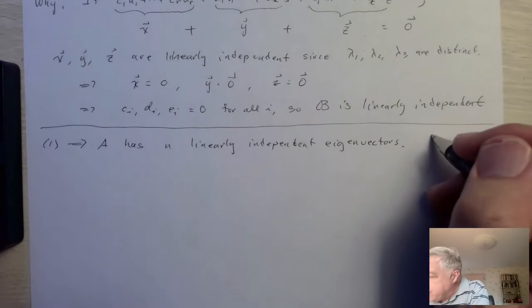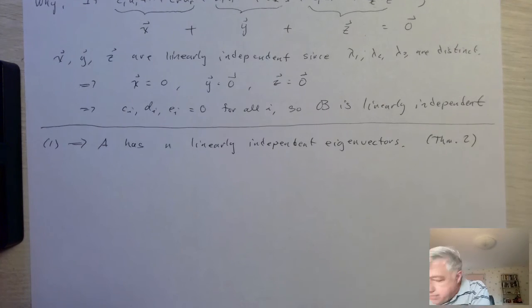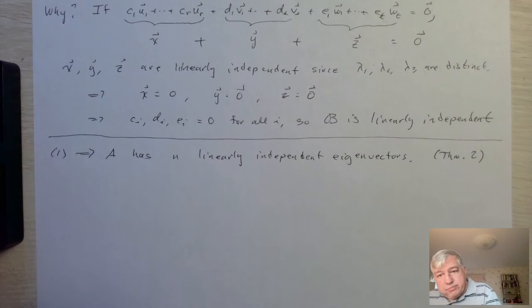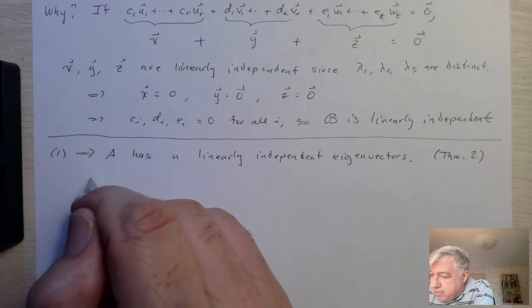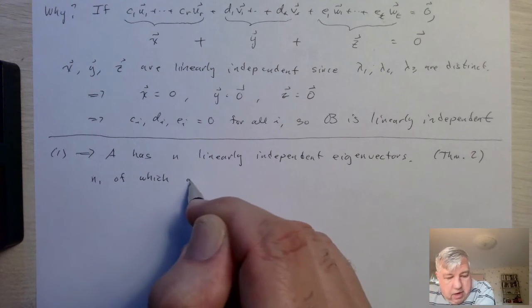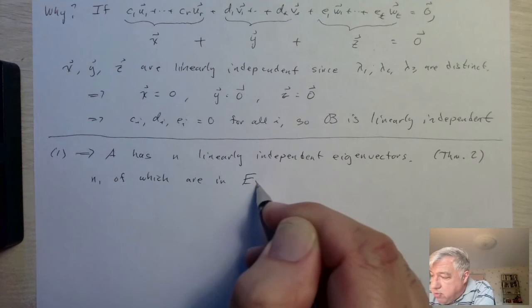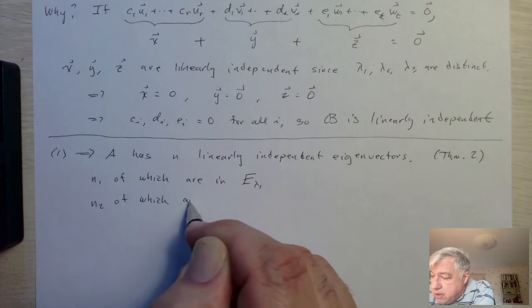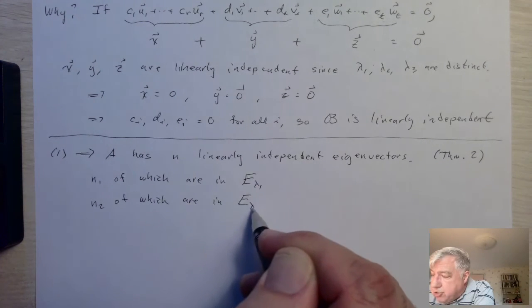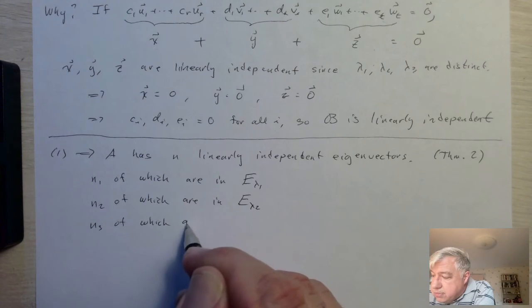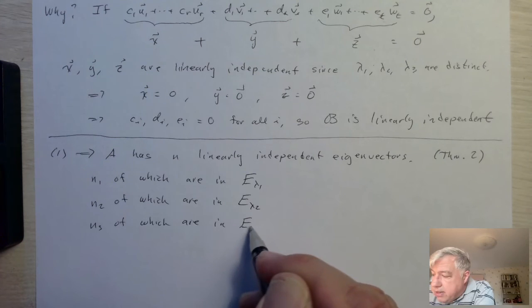Okay, that's from theorem 2. Now let's say we have n vectors. Some of them are going to be eigenvectors of lambda 1, some lambda 2, some lambda 3. So let's say n1 of which are in E lambda 1, n sub 2 of which are in E lambda 2, and n sub 3 of which are in E lambda 3.